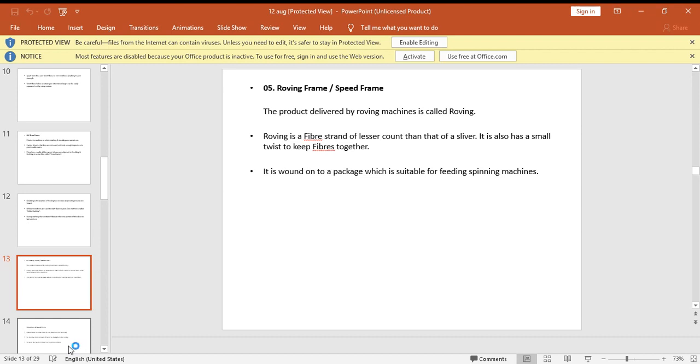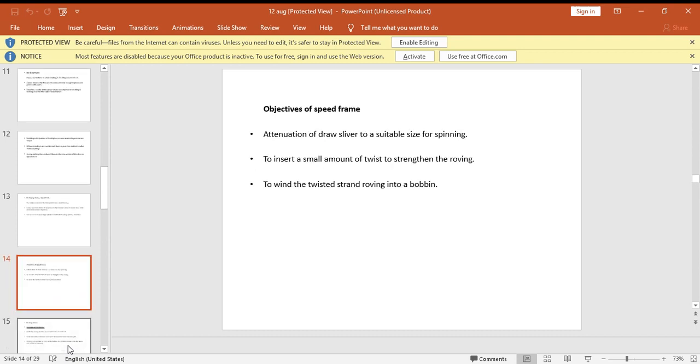Then, the roving frame, also called the speed frame. The product delivered by roving machines is called roving. Roving is a fiber strand of lesser count than that of the sliver. It also has a small twist to keep the fibers together. It is wound on a package, which is a substitute for feeding spinning machines.